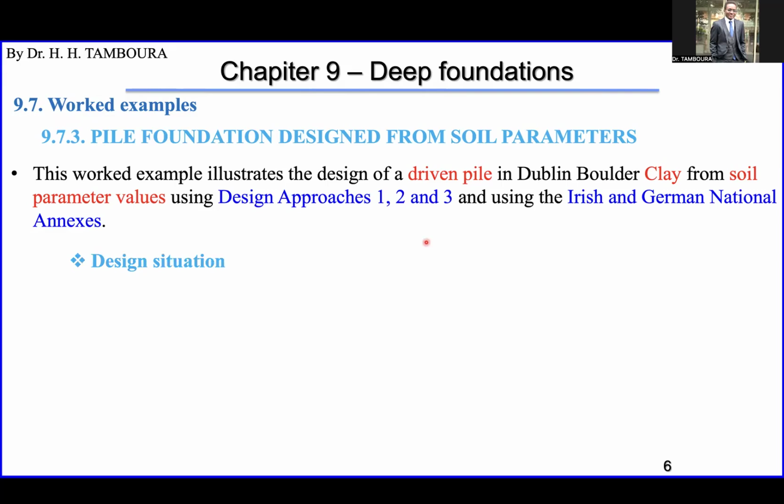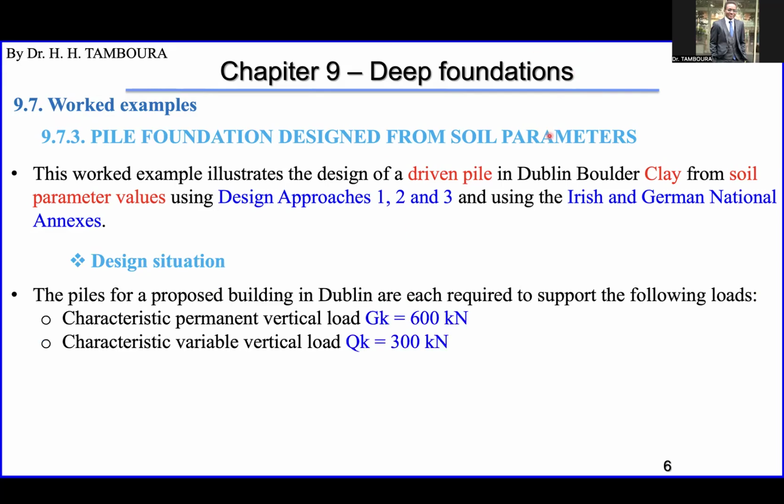So, design situation. I think the characteristic permanent vertical load and the variable load have the same values as the second example we did. So we can see at the same time what will be the difference between designing a pile from soil parameters and designing a pile from CPT.